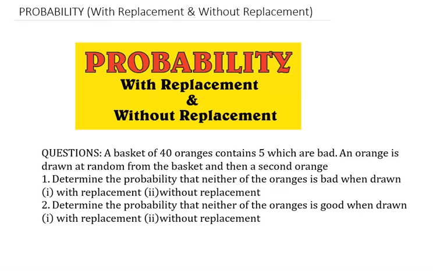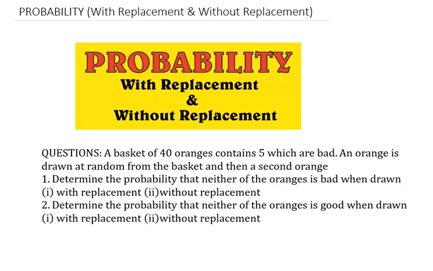We have a question on the screen. Let's see how we can deal with this question. A basket of 40 oranges contains 5 which are bad. An orange is drawn at random from the basket and then a second orange.